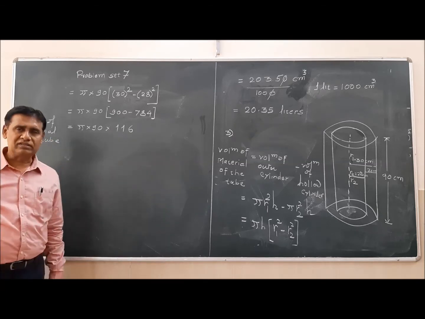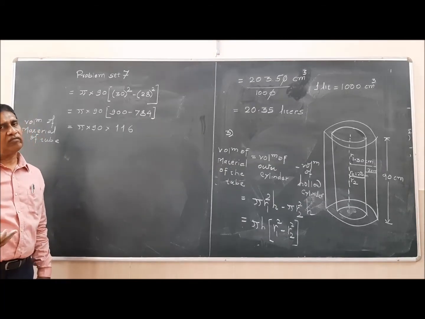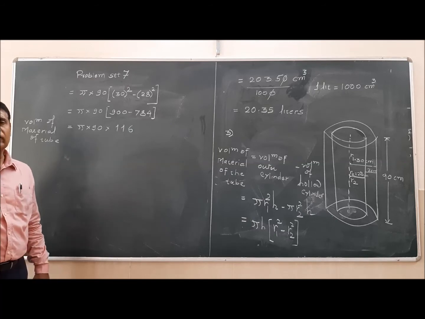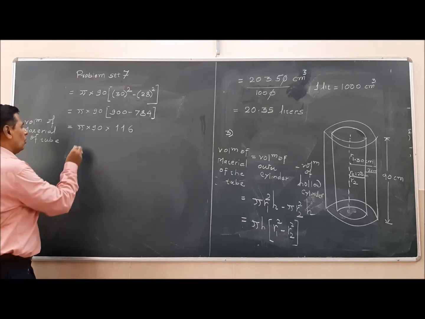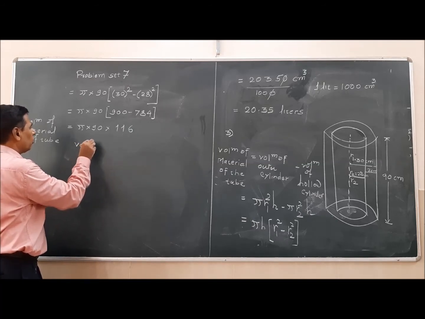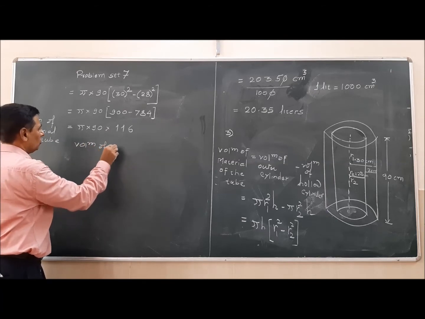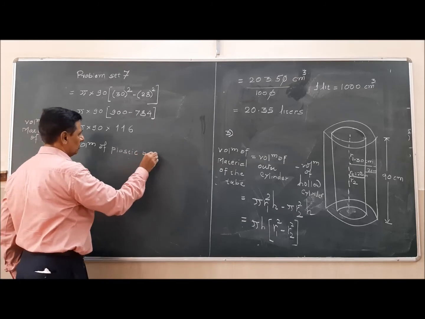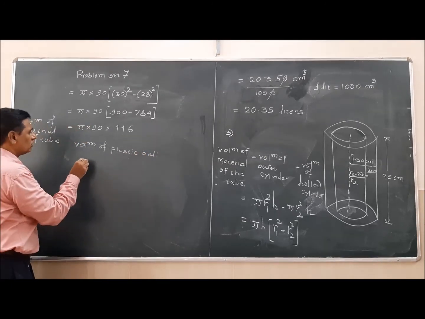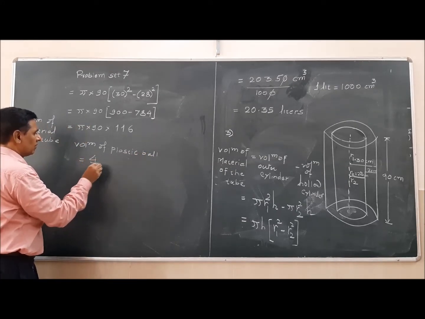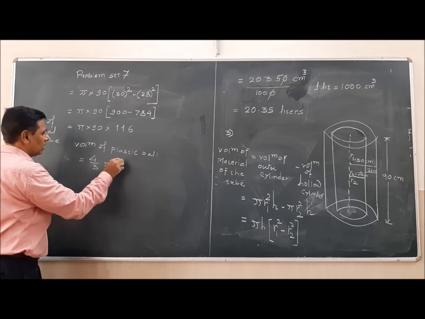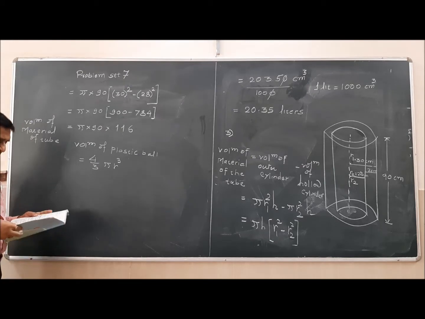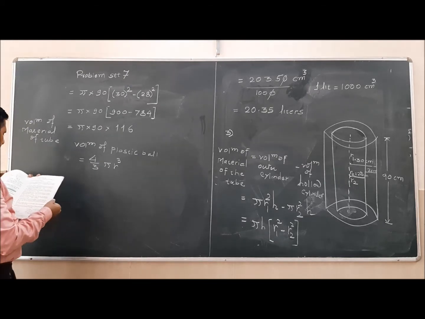The next one is the volume of plastic balls. Balls are in the shape of a sphere. So the volume of a plastic ball is equal to 4 upon 3 pi r cube.